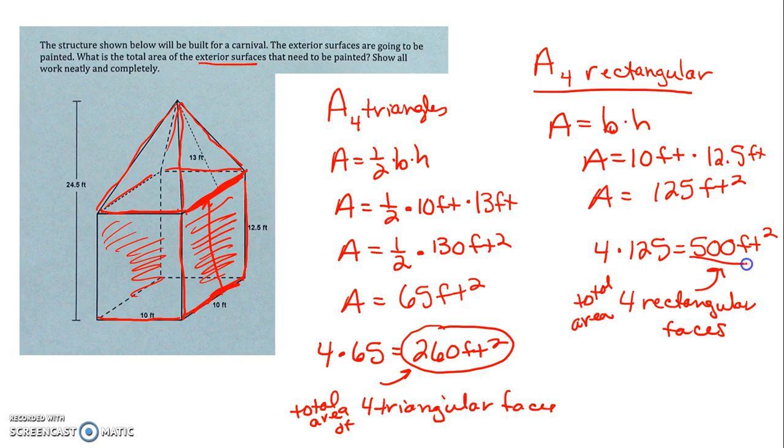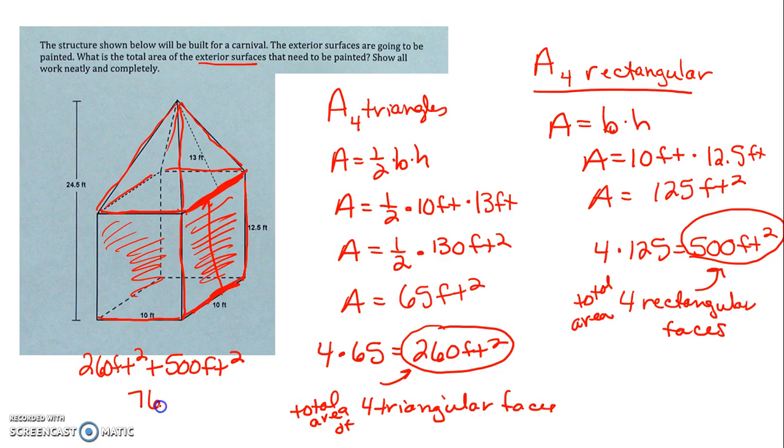Now, to find our overall surface area that we have to paint, you might have to figure out how many gallons of paint you need. And then on a gallon of paint, it'll tell you how many square feet it can cover. So we just have to add up the area of our triangular faces and the total area of the 4 rectangular faces I need to go ahead and paint.